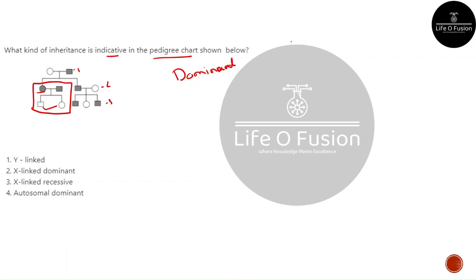Affected are heterozygous, their children are recessive. So that's why affected individuals may have unaffected children, which is for autosomal dominant. For autosomal recessive, affected individuals may have unaffected parents. That's the opposite. So this is an autosomal dominant pedigree.